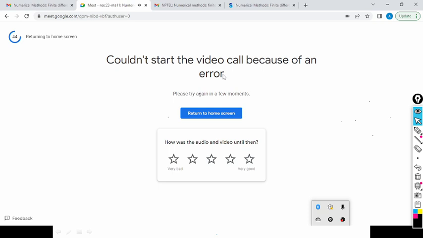So this is our third question. What is the question? Find the value of y at 1.5 when using modified Euler's method for solving dy by dx is equal to 2 into x into y, using y of 1 is equal to 1. Here we have to calculate the value at 1.5, and what is x naught given over here? 1, and y naught is equal to 1.